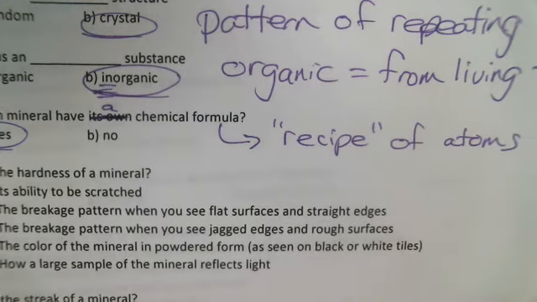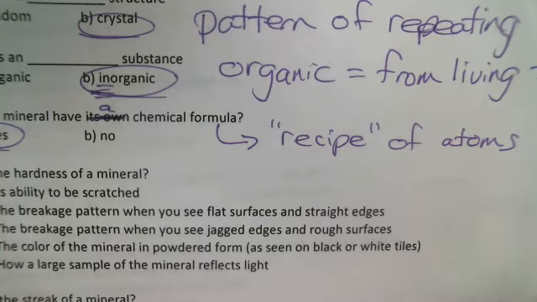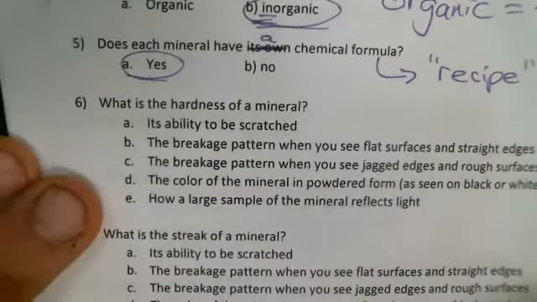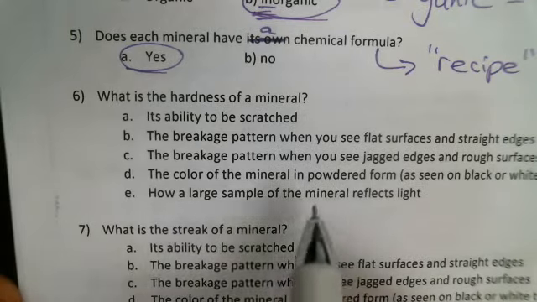So to make a mineral, you need so many atoms of this and so many atoms of that, and put them together. For instance, limestone is going to have calcium and carbon and oxygen in a very certain proportion. For every calcium, you're going to have a couple carbons and a few more oxygen atoms, but in the same proportions.